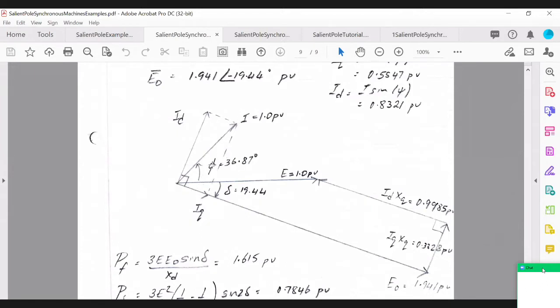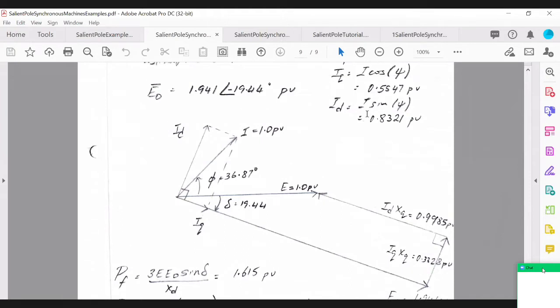And I've substituted there all your values, inserted your value of phi and delta, and also worked out what is ID and IQ there. Okay, so remember that to get IQ and ID, you need to use the sum of phi plus delta, okay, to get ID and IQ.